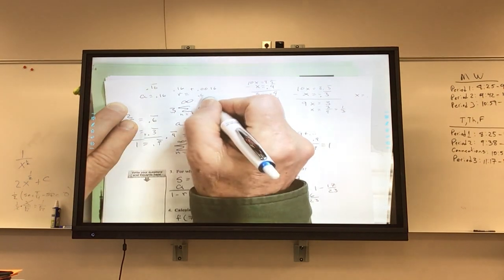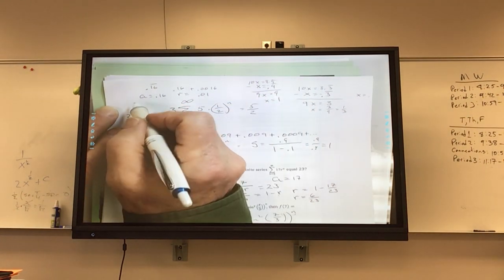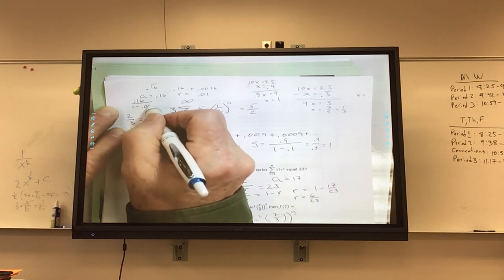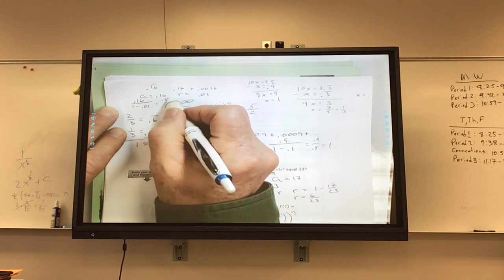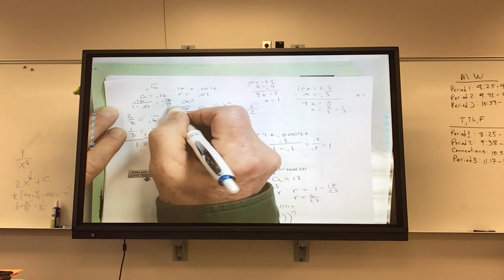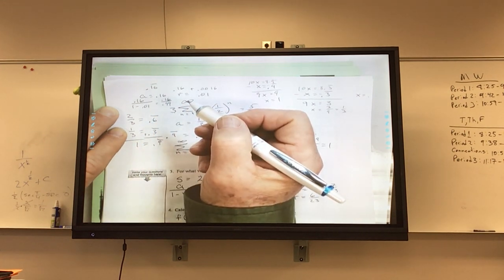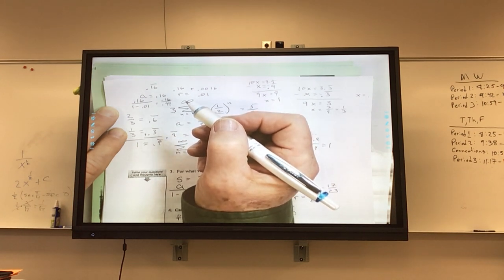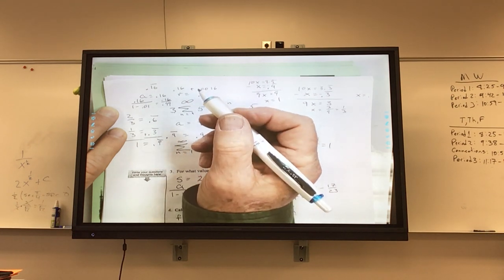Yeah, 0.01, right? So that means I'm gonna have 0.16 over 1 minus 0.01, which is 0.16 over 0.99, correct? The sum is 16 over 99. Does that kind of make sense to everything?